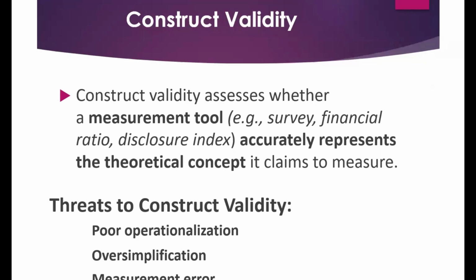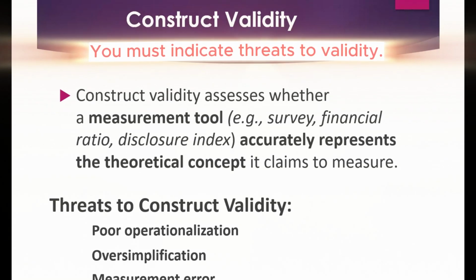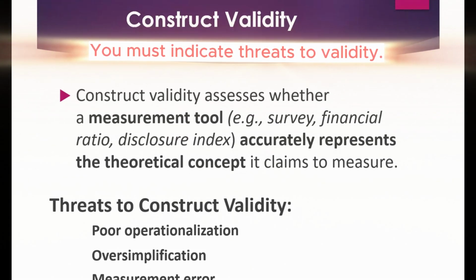The other threat is oversimplification. That's when you're reducing a complex concept such as financial transparency to a single metric, for example, number of disclosures. Another threat is measurement error.